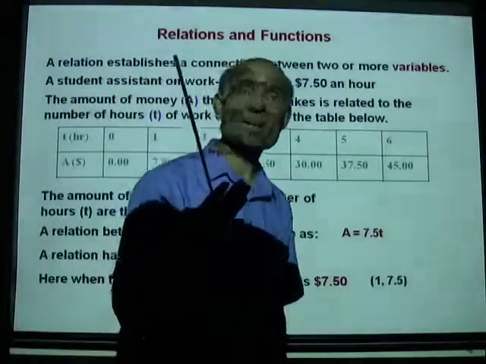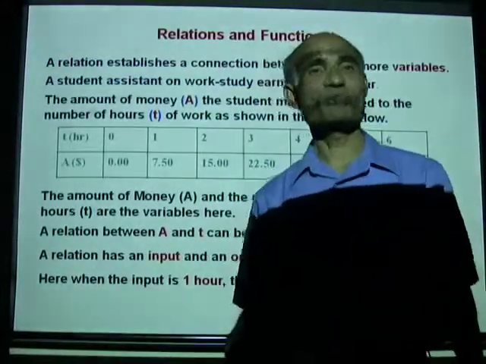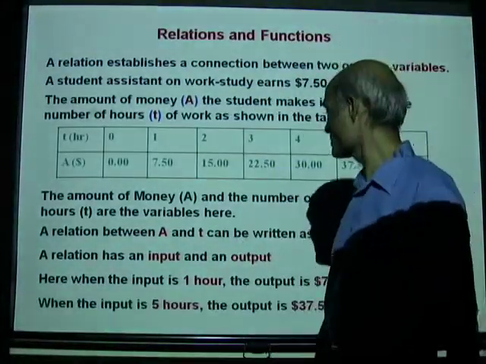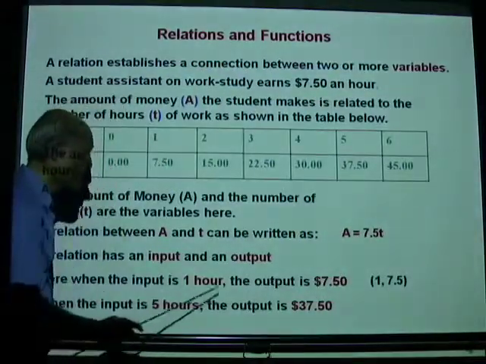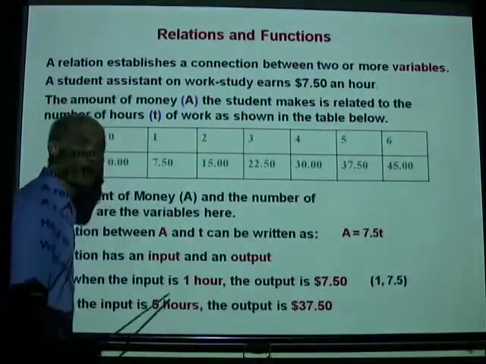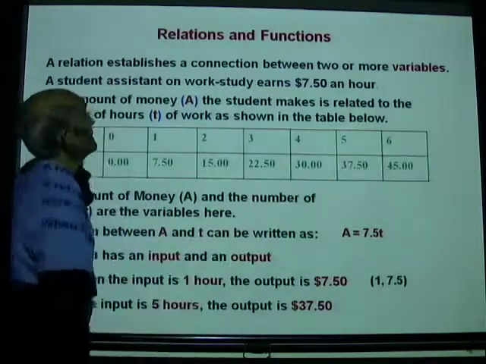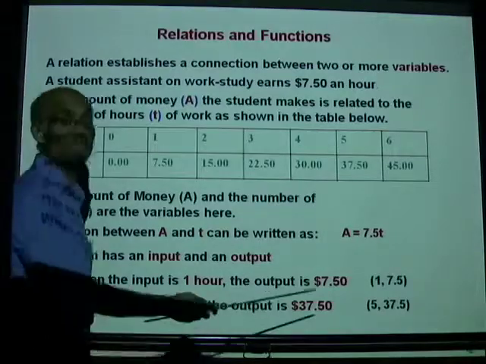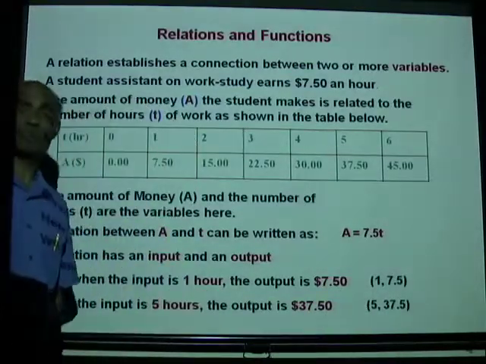An ordered pair gives you a relation between the two variables that we call input and output. When you work for 5 hours, the input is 5 hours. The output is $37.50. And the corresponding ordered pair is 5, 37.5.